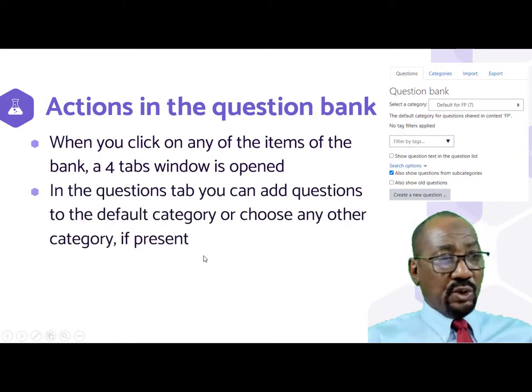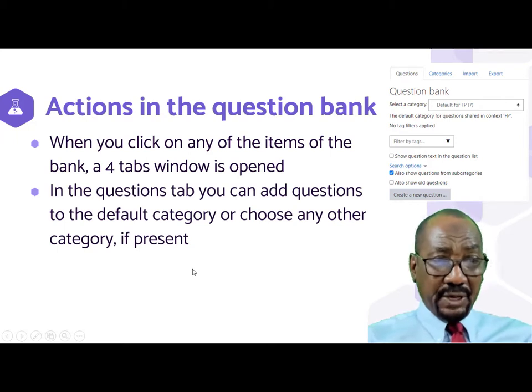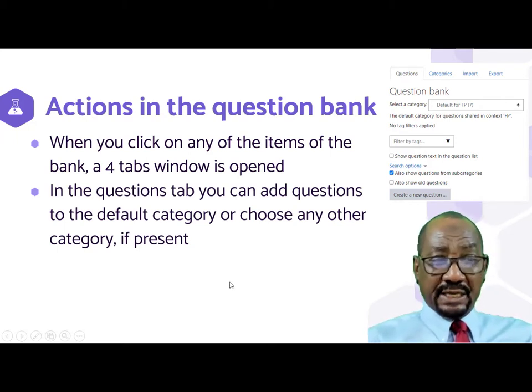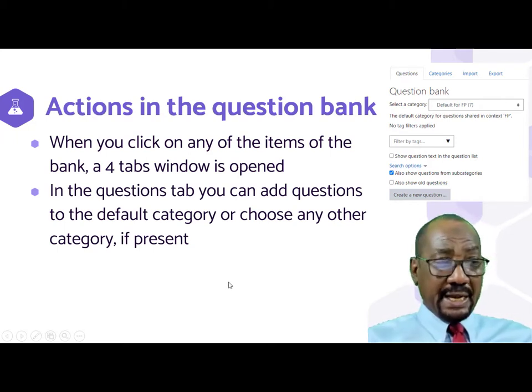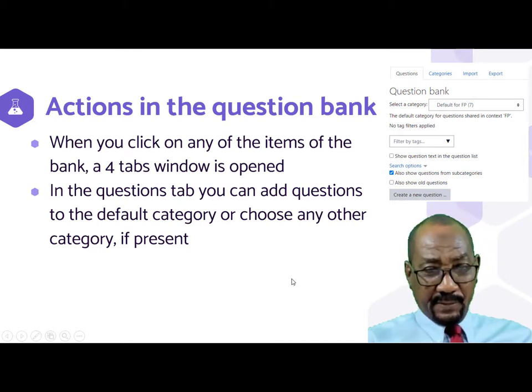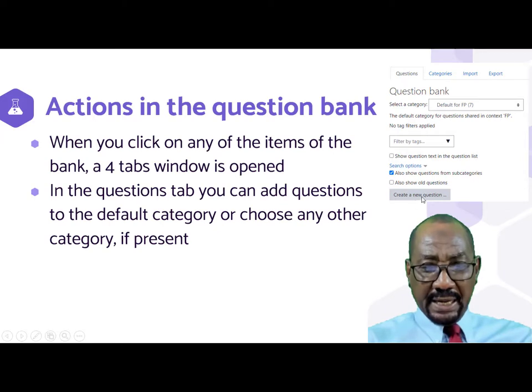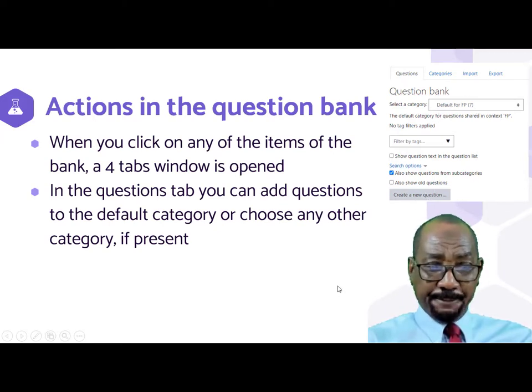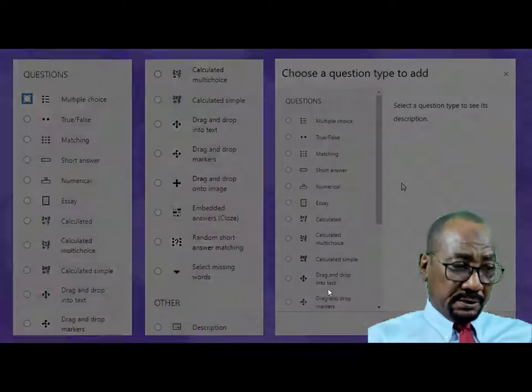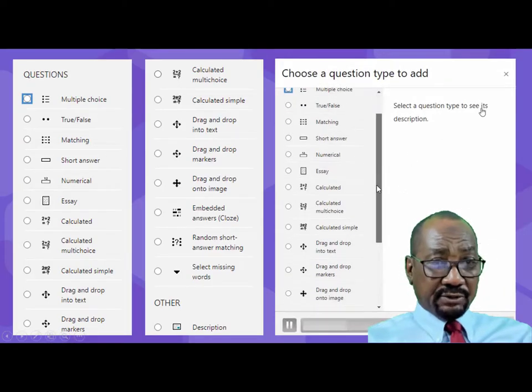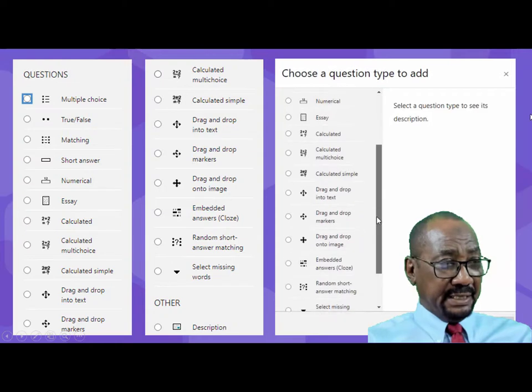So in the questions tab, you can add questions to the default category or choose any other category if present. So you can start by clicking on a category, and you can click on create a new question in the default category directly. Now, these are the types of questions that can be added.